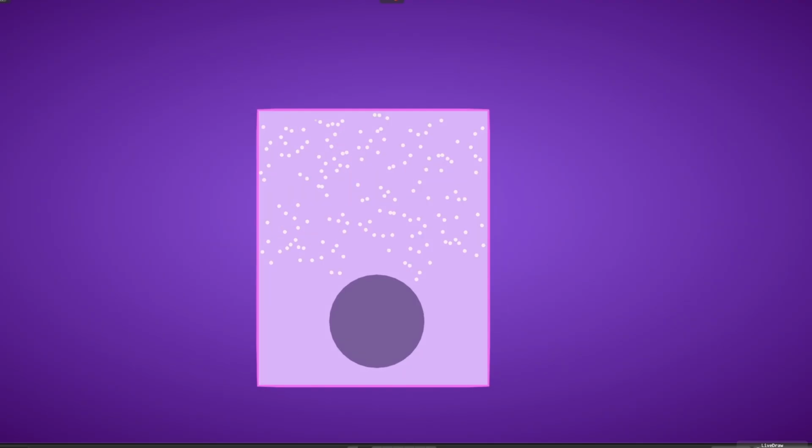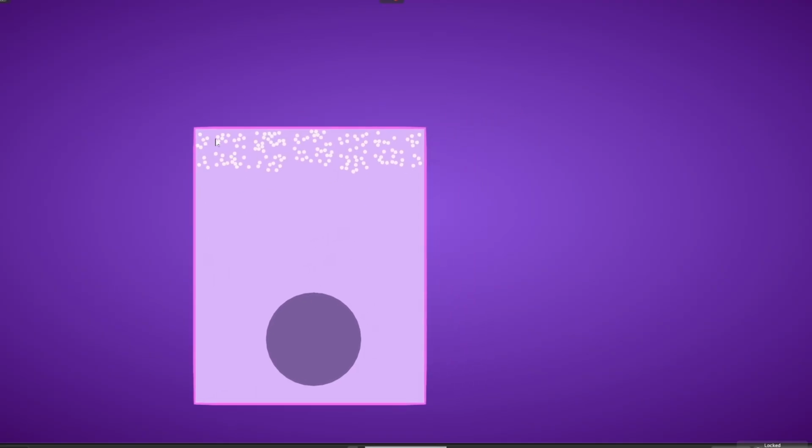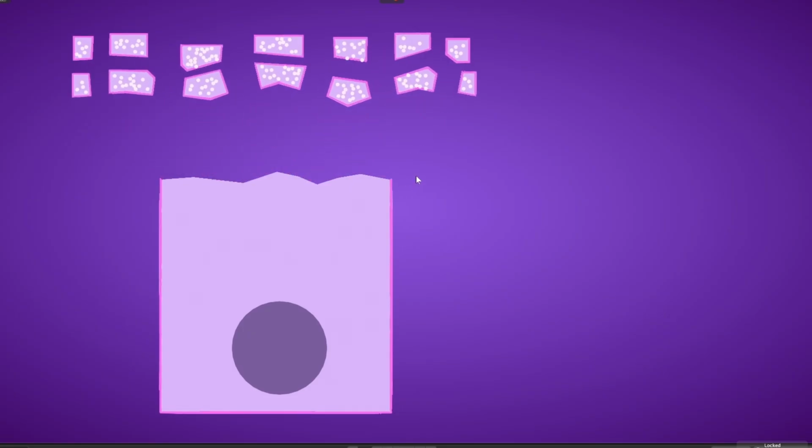In this cell, the secretory products will gather at the top like this, and then this top part, this cap of the cell, will pinch off, it will bud out, and then these fragments will be released. The top part of the cell as a fragment will be released containing these secretory products like this.